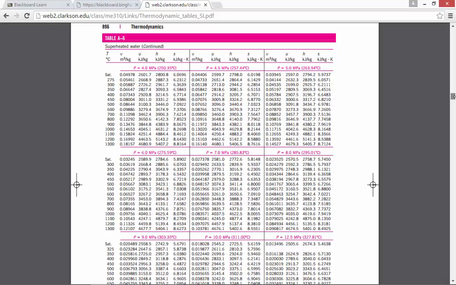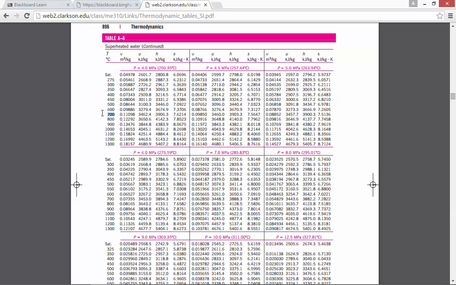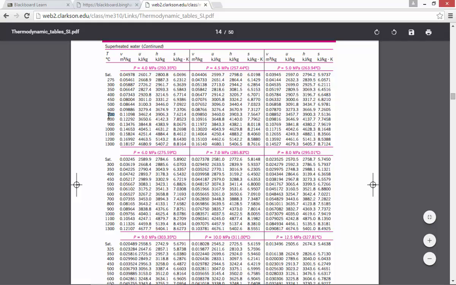superheated steam at the pressure which is 5 megapascal and the temperature is 650. In this table, I have all the useful properties at two different temperatures, 600 and 700. But the question is talking about 650. It's kind of like an interpolation, but it's just averaging because the temperature is right between 600 and 700, right?